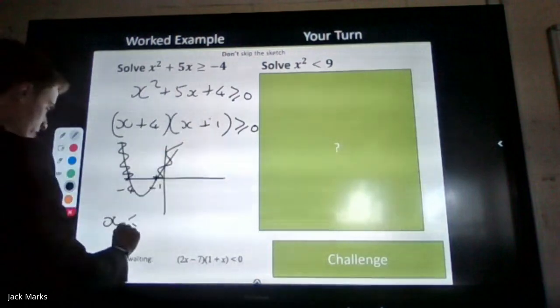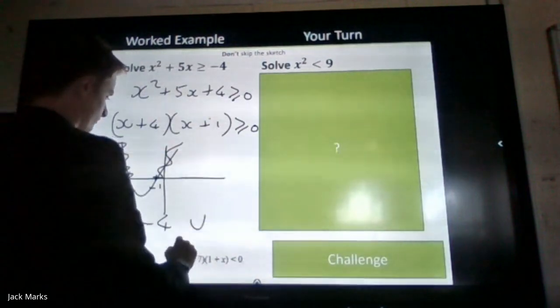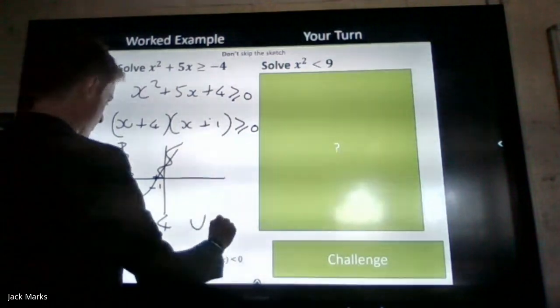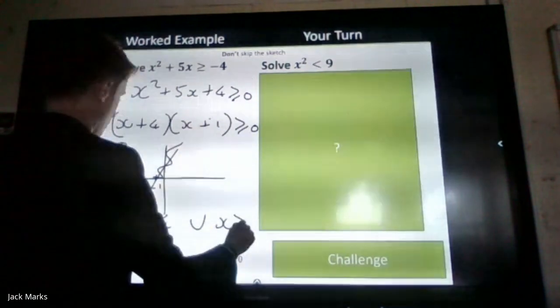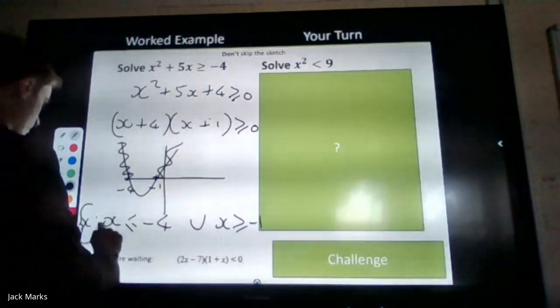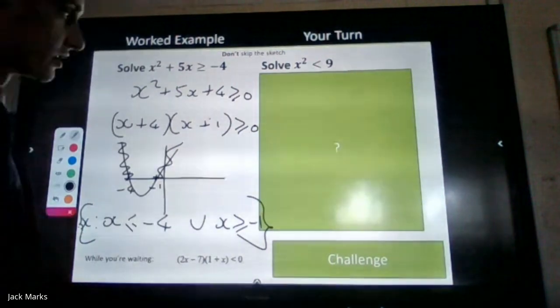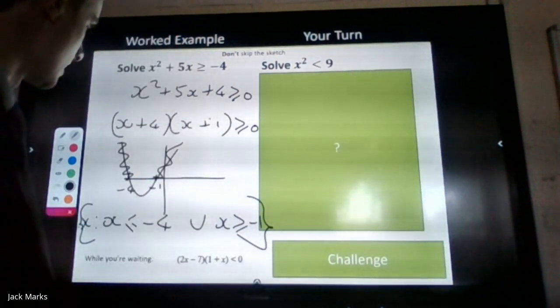And don't forget that all equals. So x less than or equal to minus 4, or greater than or equal to minus 1. That's my rule for x. Okay, so if you do that, you get a bunch of marks.